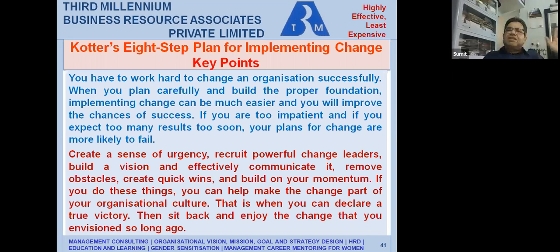So 12 or 1 at night, no issue at all. During the day at 12, I might be sleeping. But at night 12, your phone will be picked up in the first ring probably. Or else you can always WhatsApp, email, whatever. No issues at all. I always learn when I interact with people, so I have a selfish interest involved in that also.